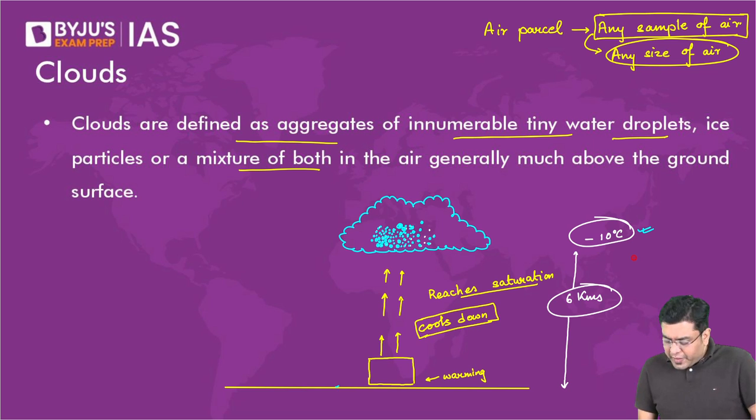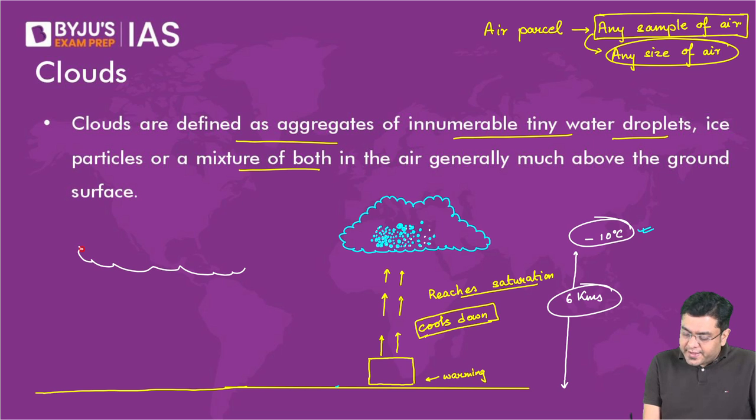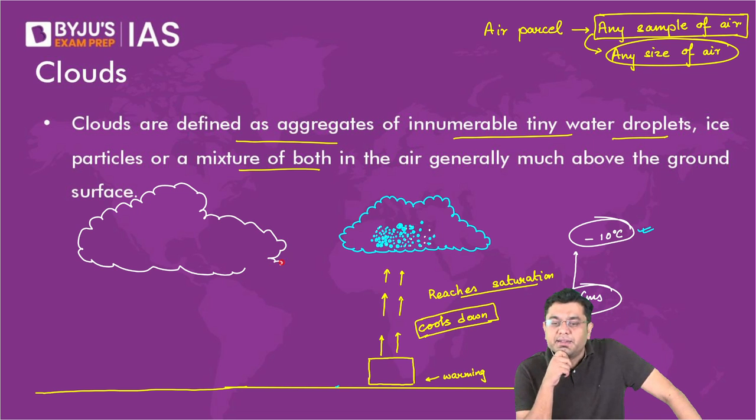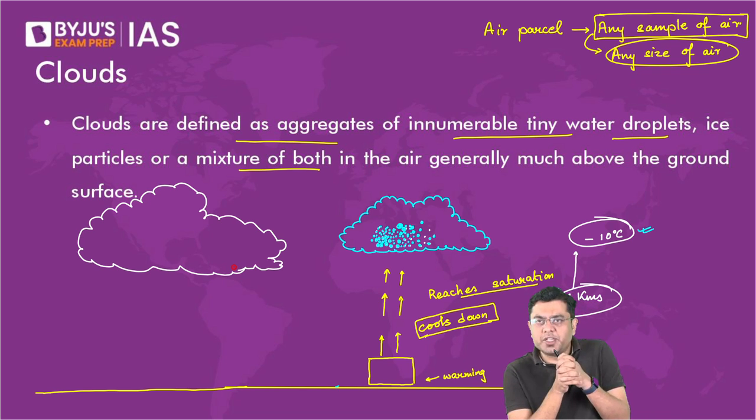Now, after this, we come to the occurrence of rainfall. So let's suppose you have a cloud formation somewhere here. Now, this cloud consists of various different ice particles and dust particles, let's assume. Will this block sunlight or allow the sunlight to come through? If the particles are very densely packed with each other, they will block some amount of sunlight.